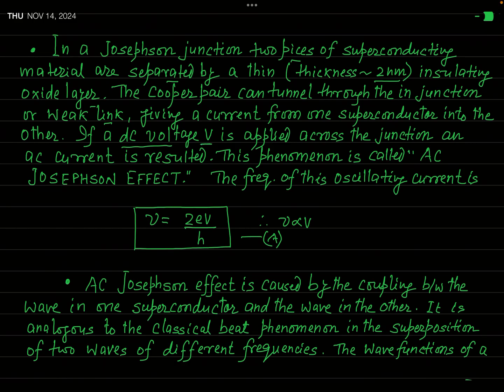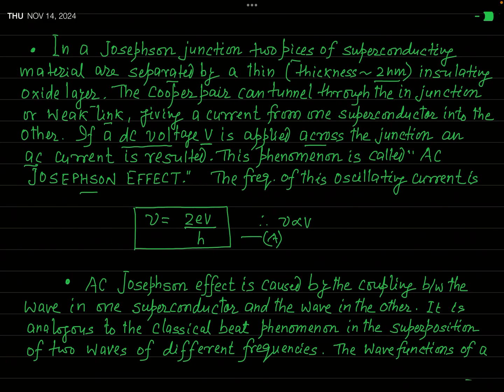If a DC voltage V is applied across the junction, mark it, the source is DC but the current is AC. And this phenomenon is called AC Josephson effect.